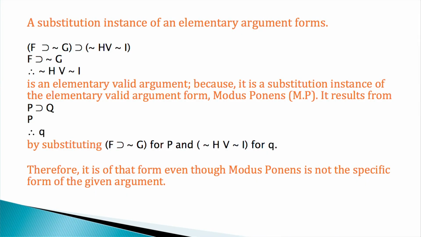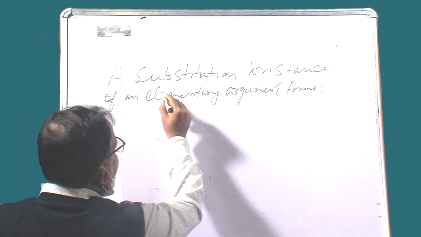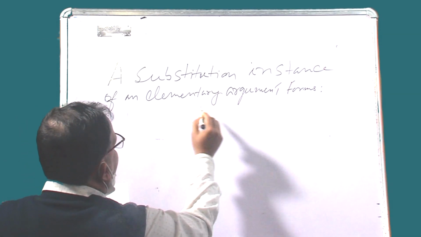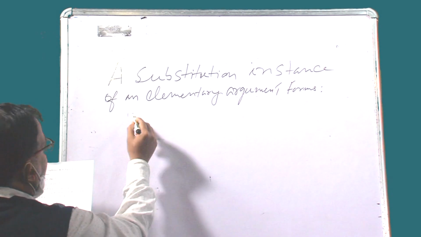Dear learners, a substitution instance of an elementary argument form, that is, you see, so now I have to use the blackboard for your comprehension. Now, dear learners, you see in the blackboard, a substitution instance of an elementary argument form.